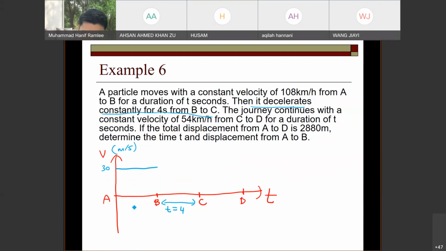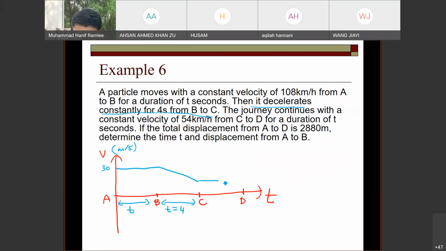A to B is T lah. And then decelerate means that the velocity decreases from B to C like this. And then from C to D, the velocity is 54 kilometer per hour, which is 15.